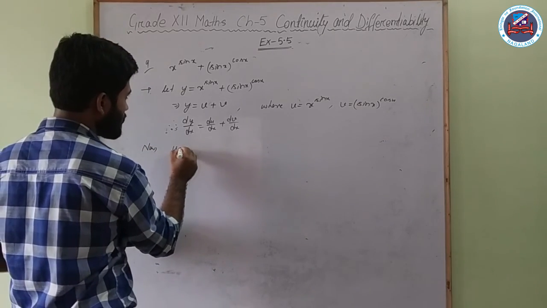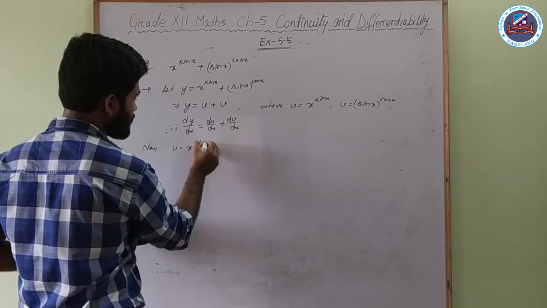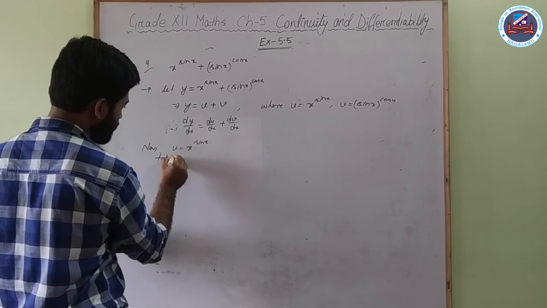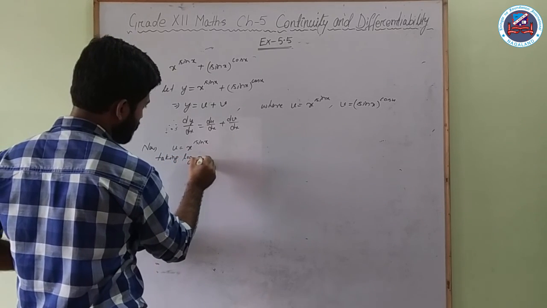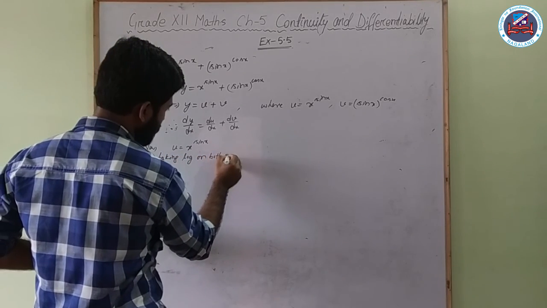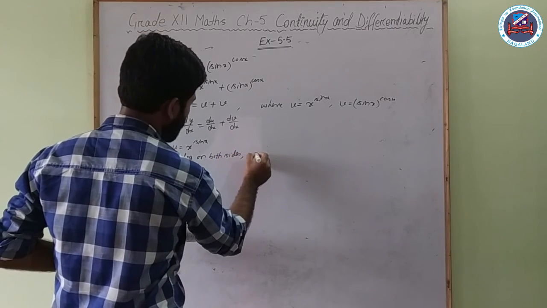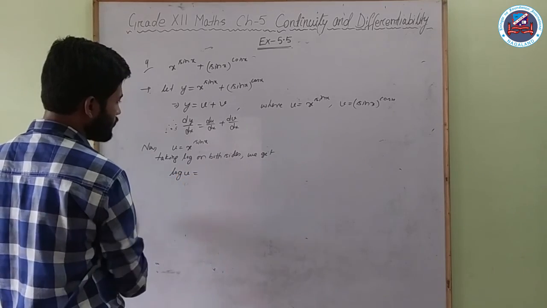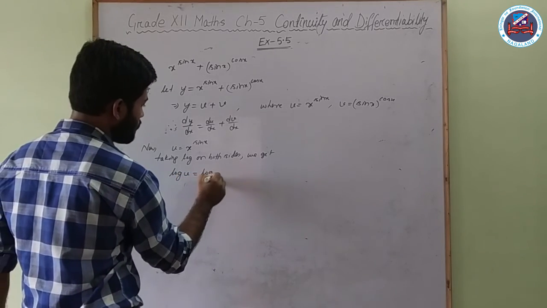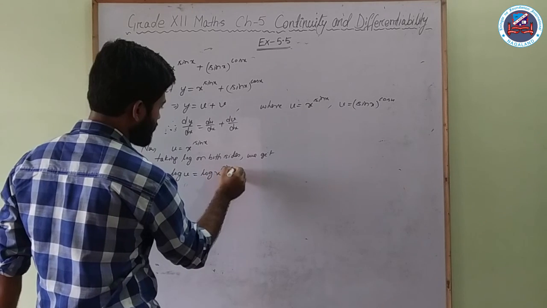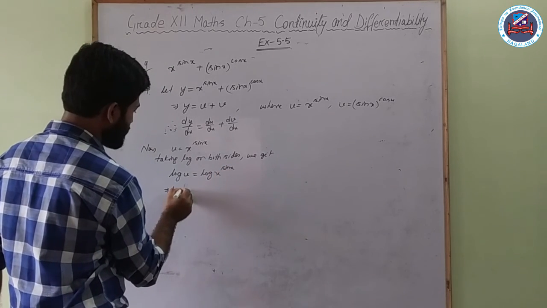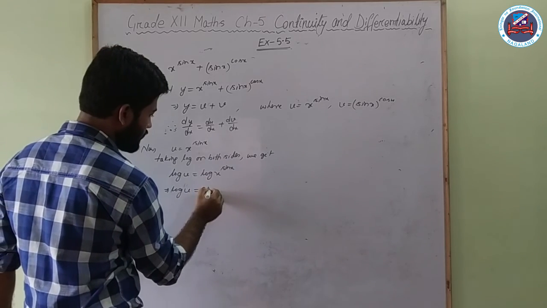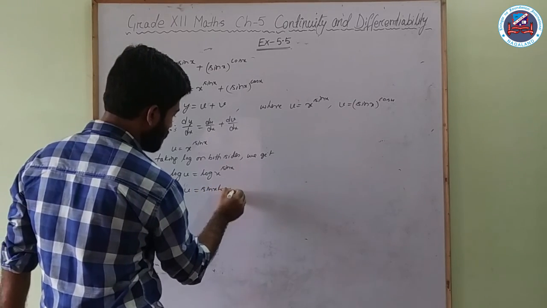Here we have u is equal to x^(sin x). Taking log on both sides, we get log u will be equal to log of x to the power sin x, and this will give us log u is equal to sin x will come down, sin x log x.